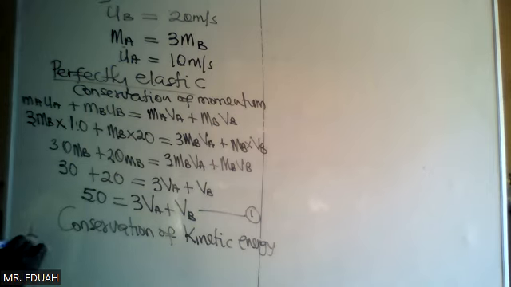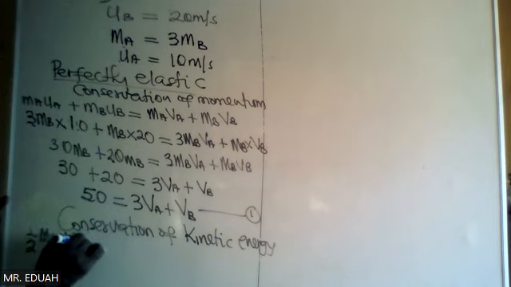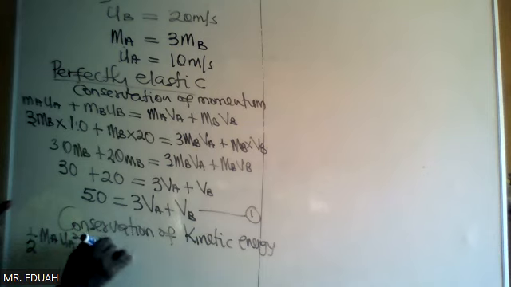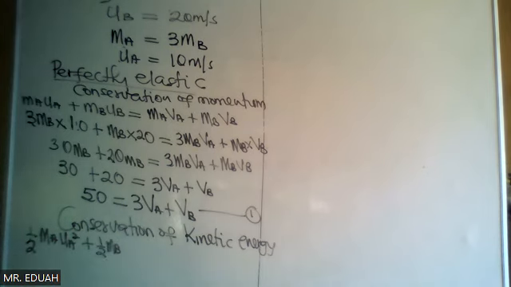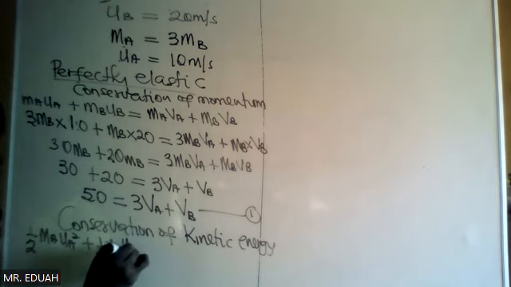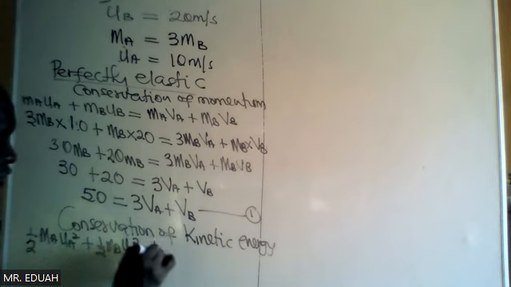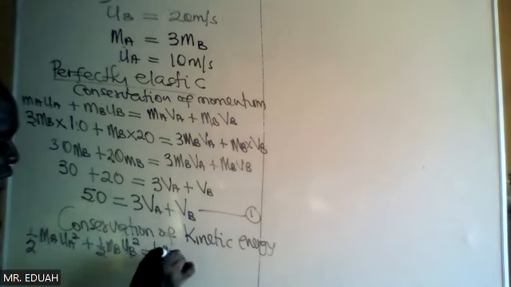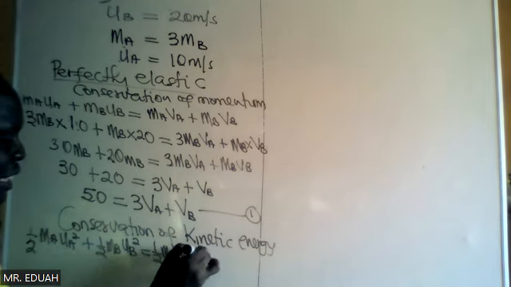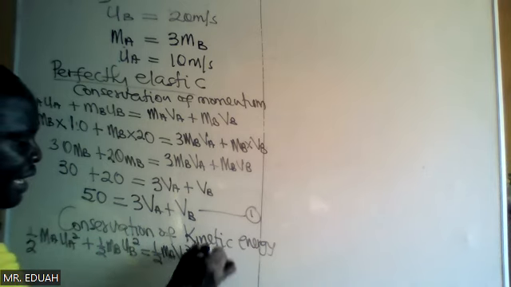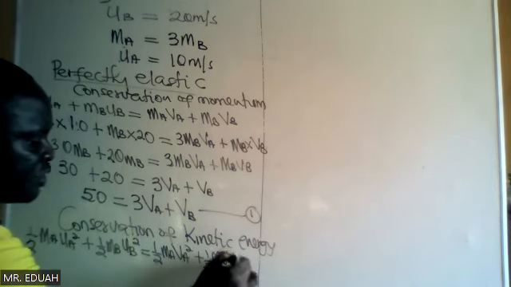So half MA UA squared plus half MB UB squared is equal to half MA VA squared plus half MB VB squared.